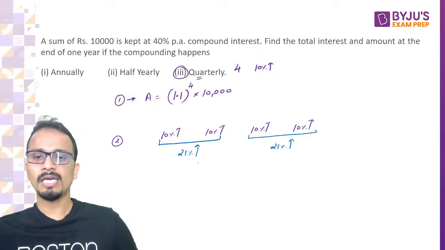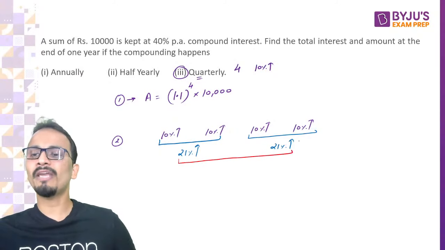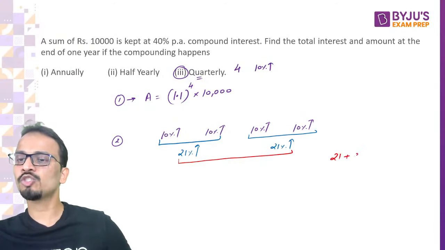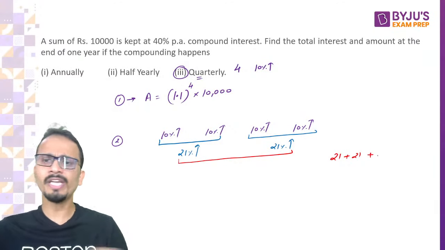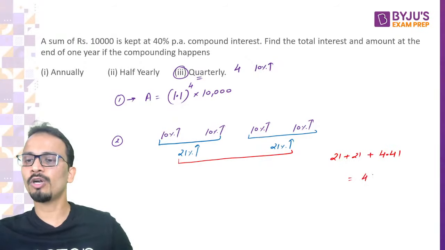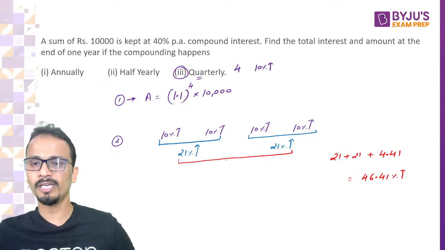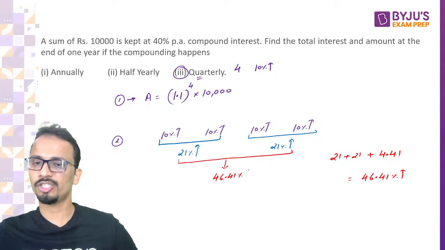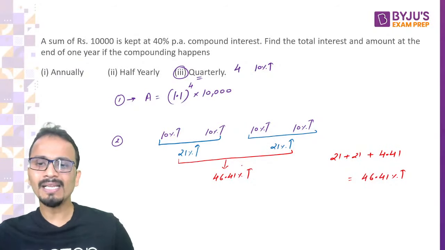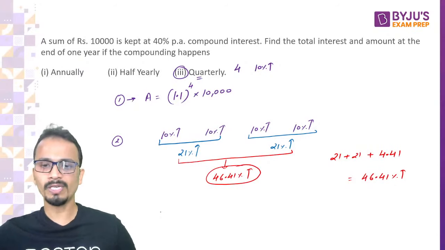Now, I'll combine these two values again by using the same formula, a plus b plus ab upon 100. So 21 plus 21 plus 21 into 21 is 441. 441 upon 100 is 4.41, and the net value is 46.41 percentage increase. So the net increase is 46.41 percentage.